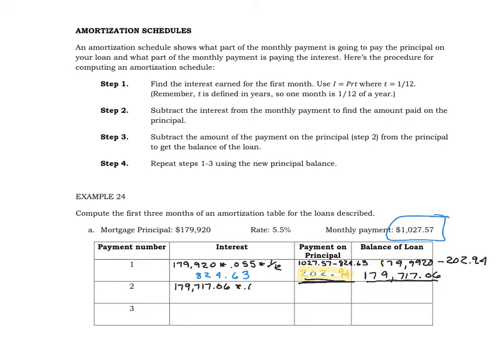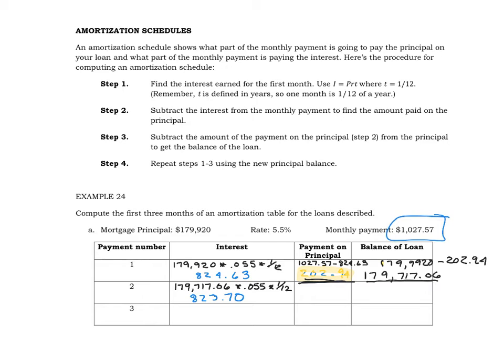All right, so to repeat that, we'll multiply times the 0.055 and times 1/12. So again, principal times rate times time. Okay, so you'll notice that you will be paying a little bit less interest, not a whole lot less, but a little less. Okay, so that's step 1.